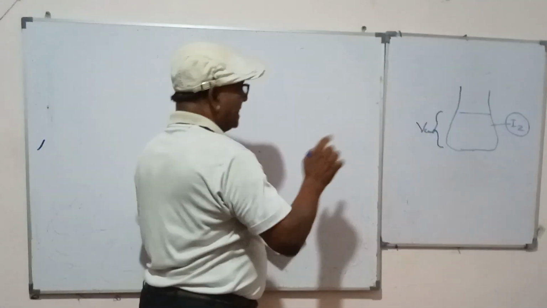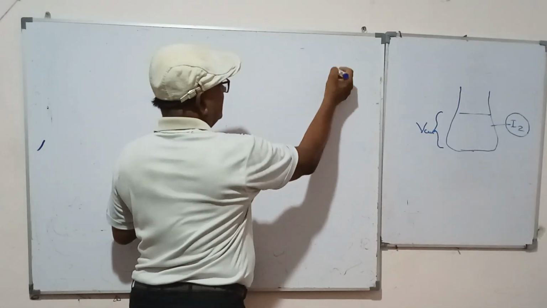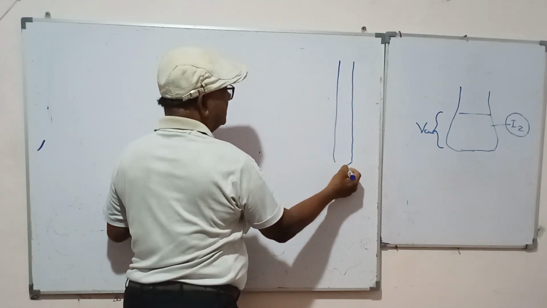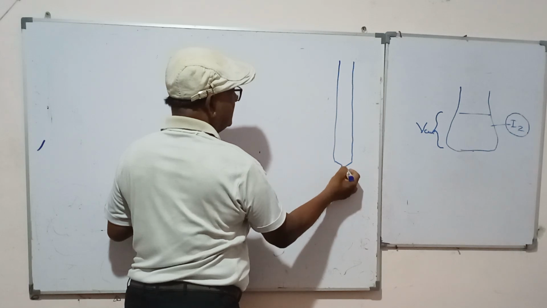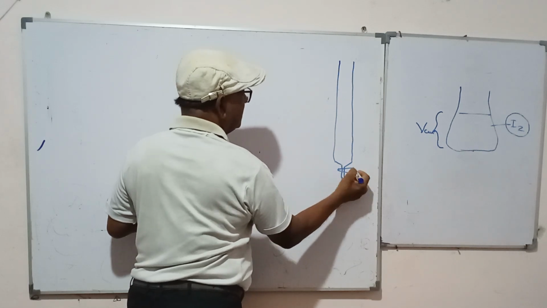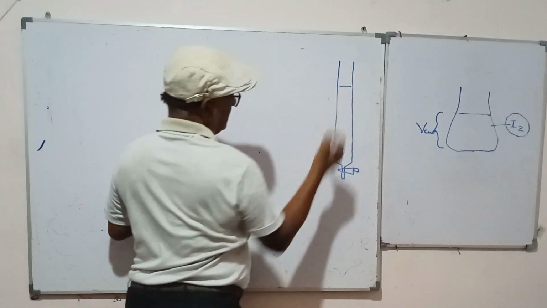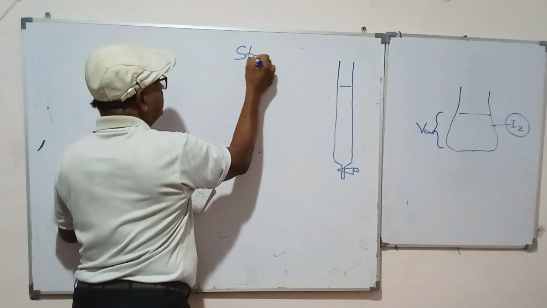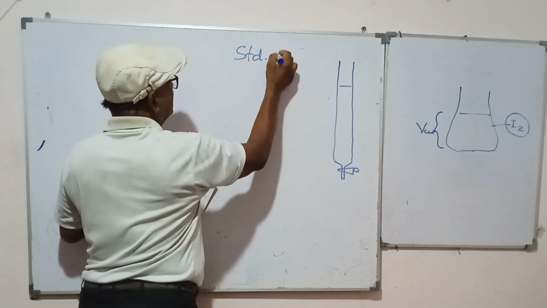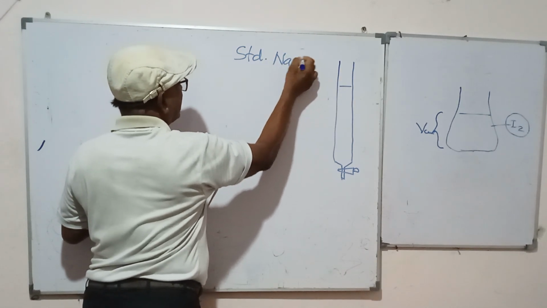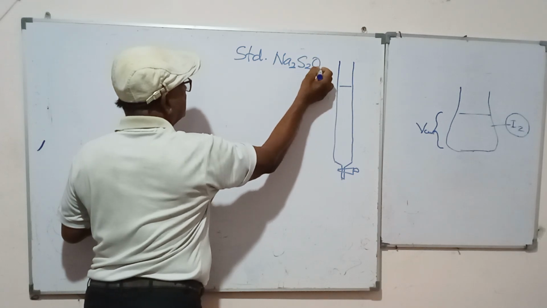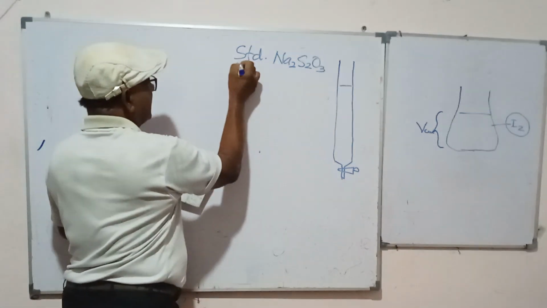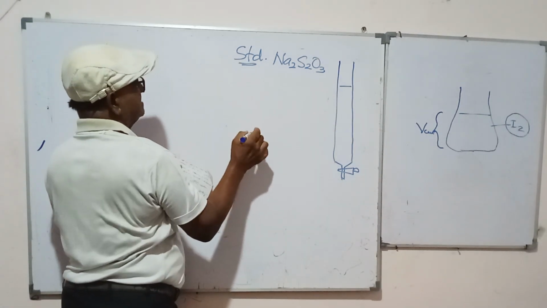So for the titration, we have to take as the other reactant in the burette, filled with a standard solution of sodium thiosulfate, Na2S2O3 aqueous solution. Standard means known concentration.